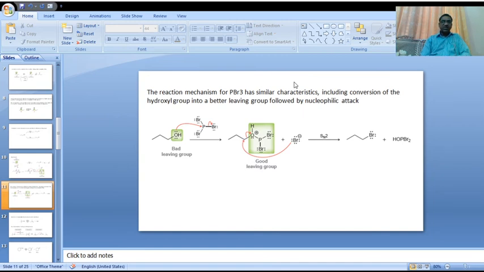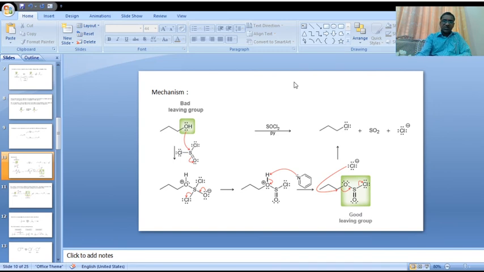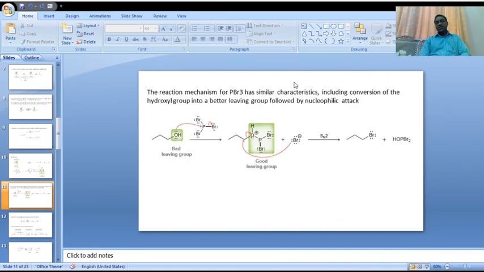This PBr3 mechanism has very similar characteristics when compared with the thionyl chloride reaction we discussed earlier. The bad leaving group, the hydroxyl group, is converted into a good leaving group, then the nucleophile attacks, similar to thionyl chloride.